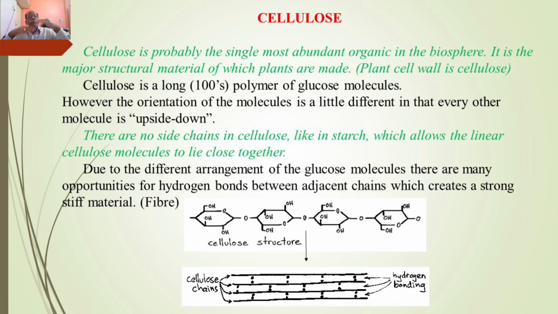Due to a particular pattern of glucose molecules, that is upside down, in the linear chain of the cellulose molecule, this leads to the formation of fibers due to the bonding of the hydrogens between the adjacent cellulose chains.